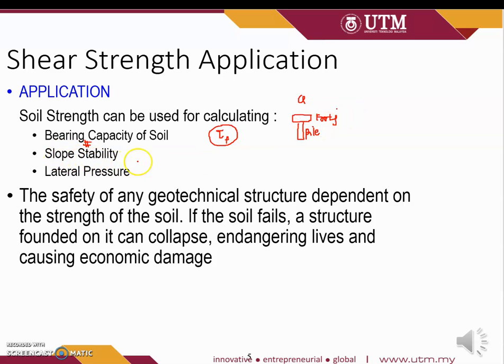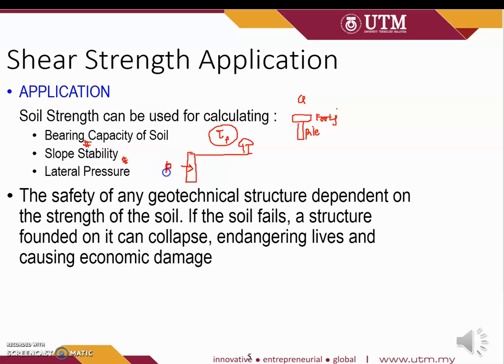Next, it is very important in slopes. Of course, because once the failure envelope is generated, the slope might lose its stability. It is also important when we have a retaining wall. Let's say we want to have a house near a high hill, or any flat. The retaining wall is there to support it.